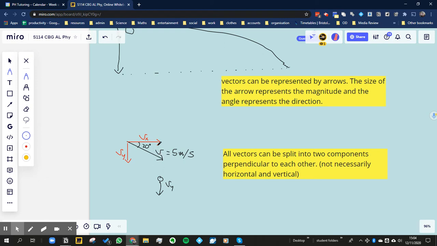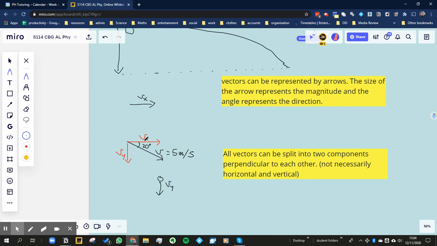So we can experience just one of those components by imagining viewing it head on, and you'd only see the vertical component, or by viewing it from above. Now I can't see whether it's going up or down because of my angle, but I can see it moving horizontally. So if I was viewing it from above, I would only see Vx.